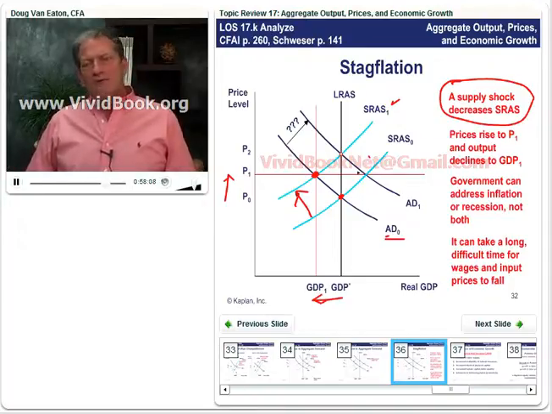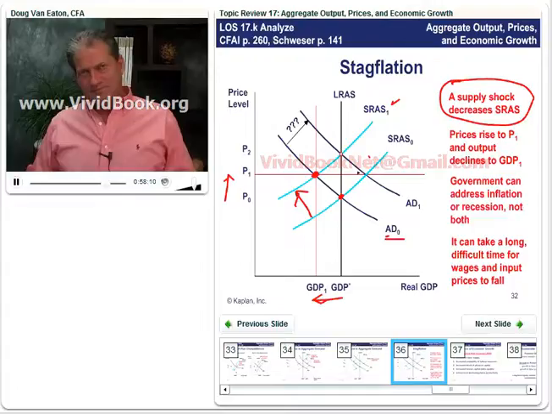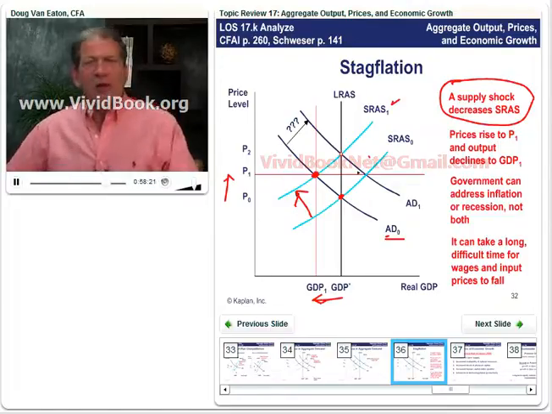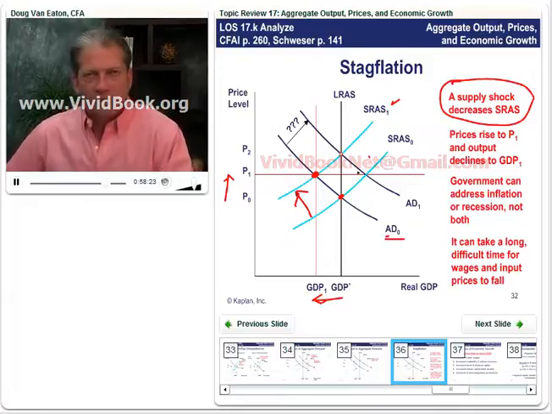Well, if the government or the monetary authorities step in and say, you know what, we've got to increase aggregate demand, we've got to get back to long-run aggregate supply like, say, before the election, and they attempt to move aggregate demand up like this, what's the effect of that?